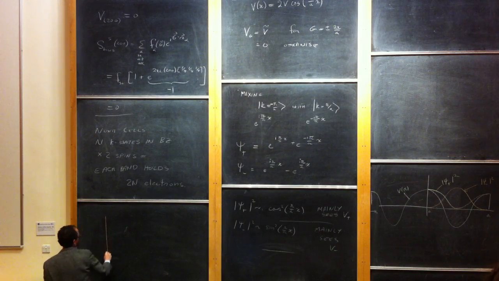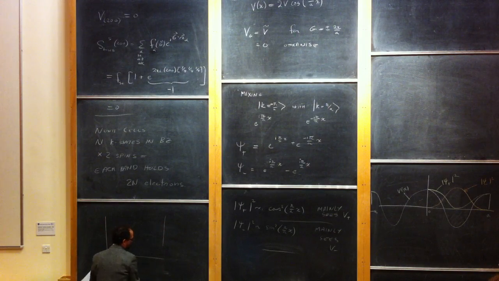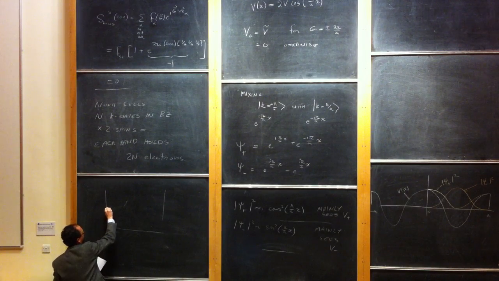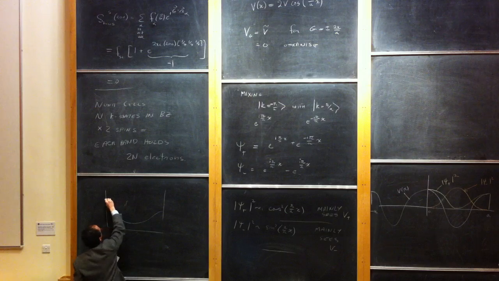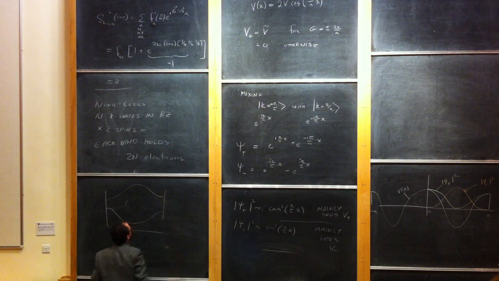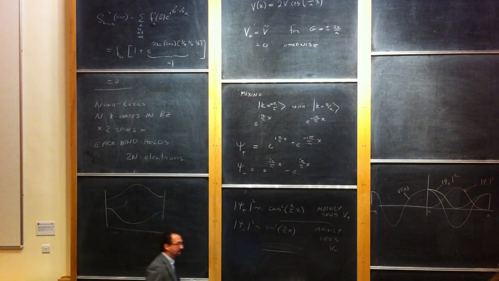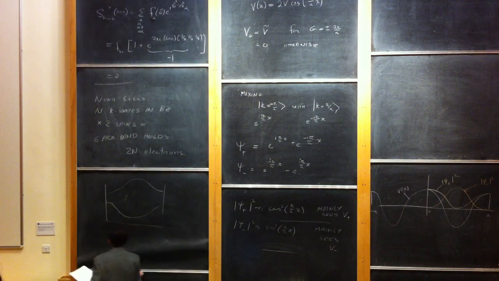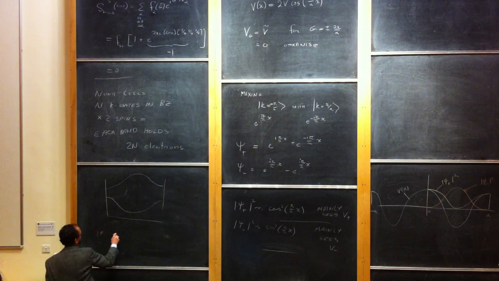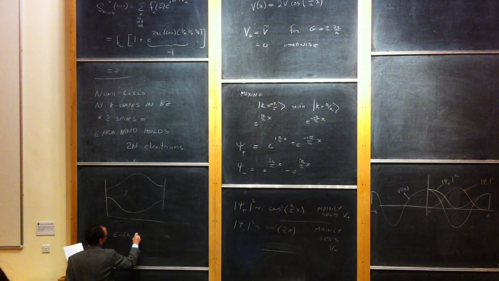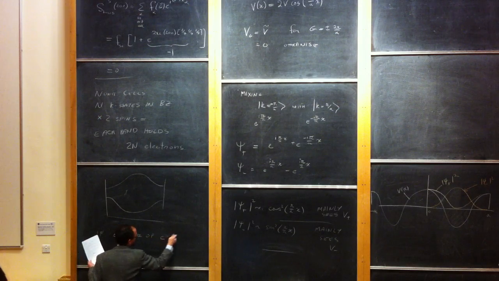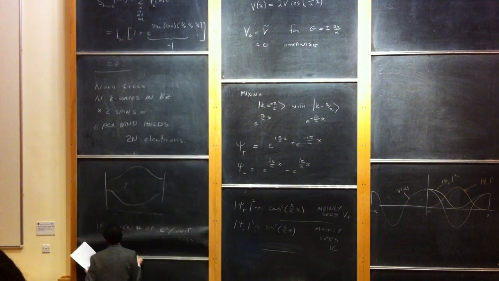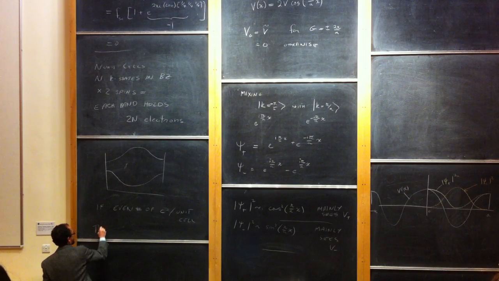So you can have a situation, I'm drawing this in more or less one dimension. Here's the Brillouin zone. You could have a band like this, another band up here like this. And if you have an even number of electrons per unit cell, then you could fill a band.